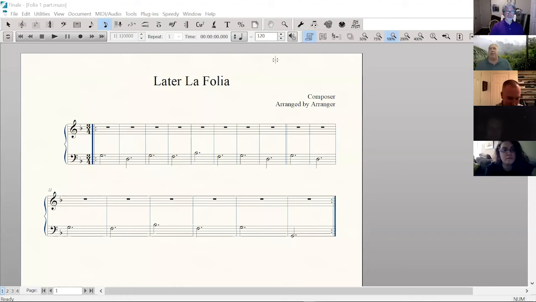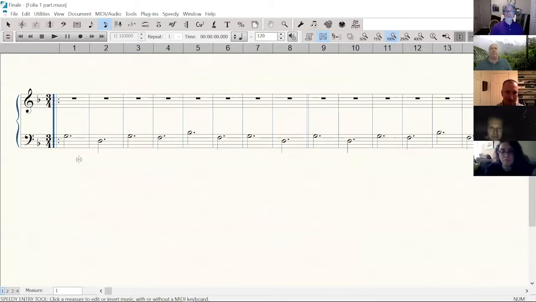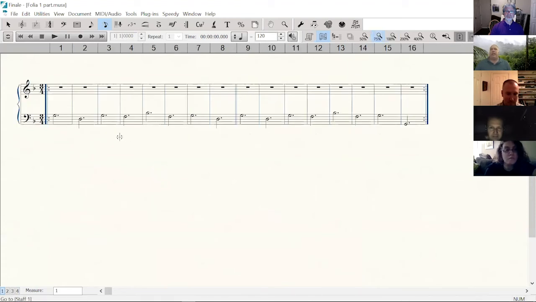So I want to share this with you. Let me see if Finale will do this. I don't know how many of you are familiar with Finale, but this is Finale. Let me resize this so you can see. So this bass line, right? By the way, there are two kinds of La Folia: the early Folia and the later Folia.